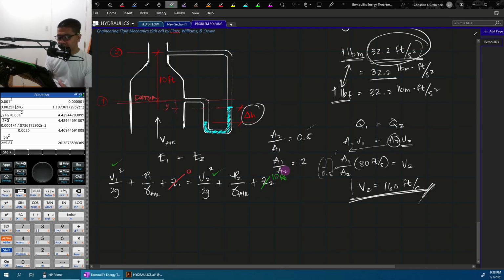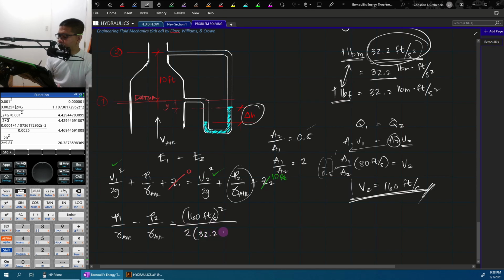Okay? So, solving for the difference in pressure between point 1 and point 2: pressure 1 over the unit weight of air, minus, we transpose the pressure, pressure 2 over the unit weight of air, will be equal to velocity 2 squared, so we have 160 feet per second squared over 2g, which is 32.2 feet per second squared.